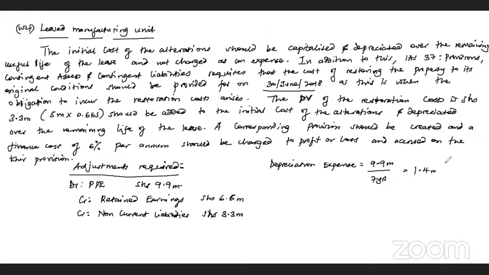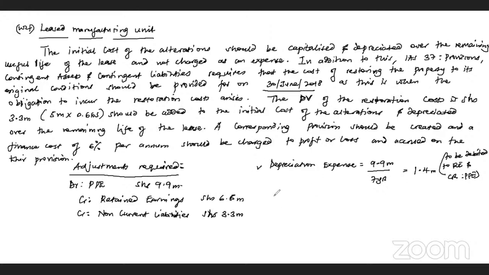Where do we take this? Of course, this is to be debited to retained earnings because this will be an expense now to be recognized in the current period. To be debited to retained earnings and credited to PPE because this will now reduce the value of your property, plant, and equipment.